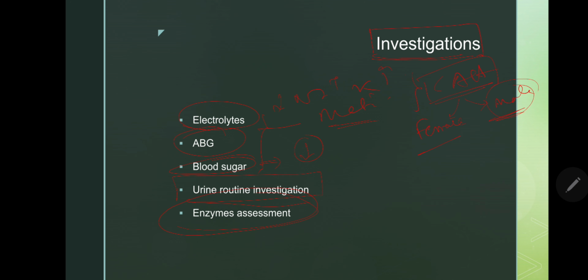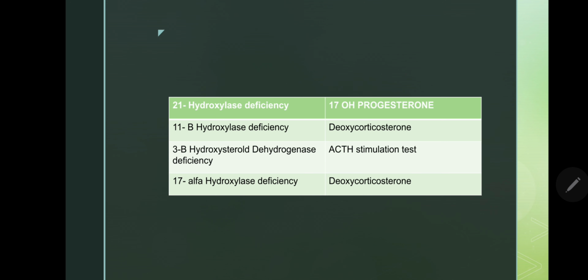Lastly, if you suspect the child has this type of CAH, always do the enzyme assay. The enzyme assay is the typical investigation of choice. For 21 alpha hydroxylase, we have to do the 17 hydroxyprogesterone level, because there is a deficiency of this enzyme and its precursor is 17 alpha hydroxyprogesterone. If this hormone is increased, think about CAH.